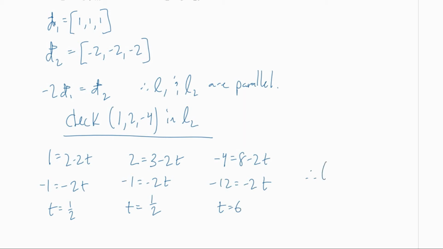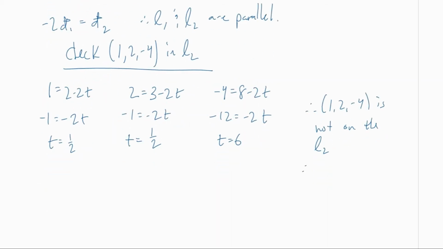Therefore, the point (1, 2, -4) is not on line 2, sorry, I should say specifically. Therefore, line 1 and line 2 are parallel and distinct.